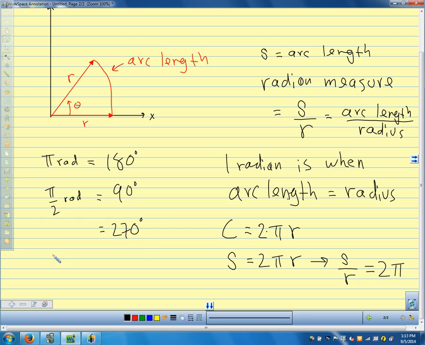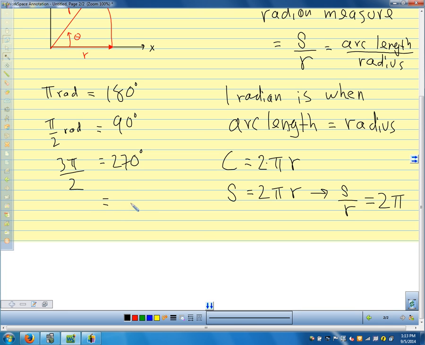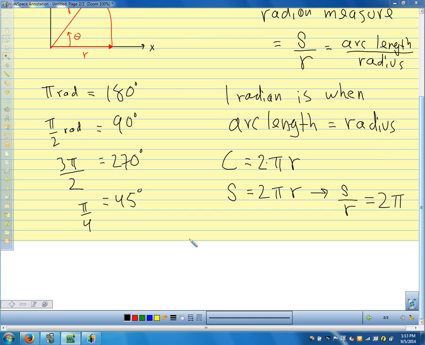1.5, and as a fraction? 3 pi over 2. So how about 45 degrees? Pi over 4 radians. And what would be 1/6 of a circle?